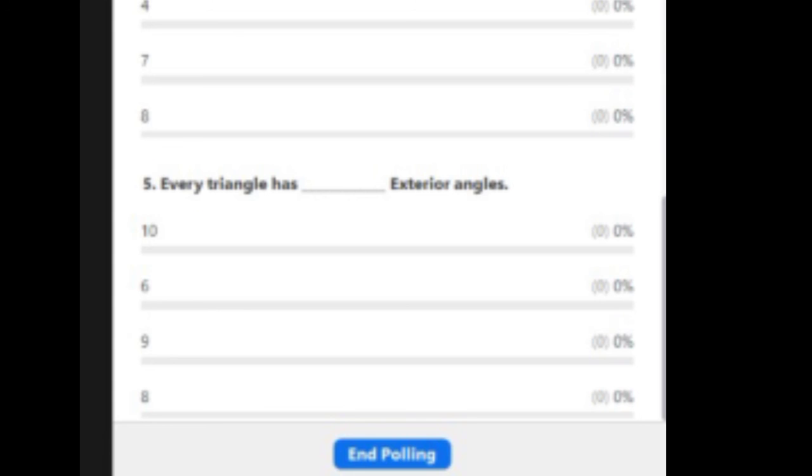Come on children, think and then press the correct answer. Done?